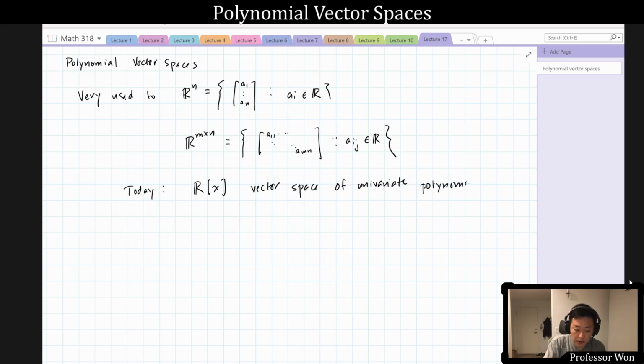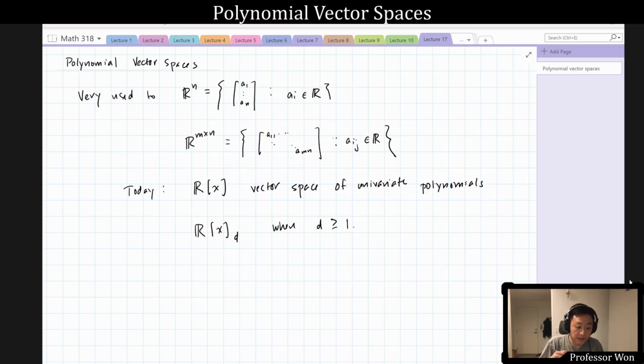And then we'll also learn about a bunch of smaller vector spaces, R[x] sub d, where d is a natural number, let's say greater than or equal to 1, probably. These are the second ones that you should learn about because they are genuinely very useful. There are lots of times when you want to think about polynomials as vectors in a vector space because you want to do linear algebra with polynomials.